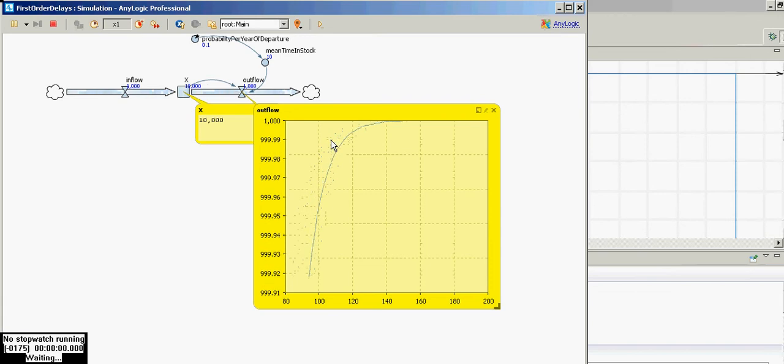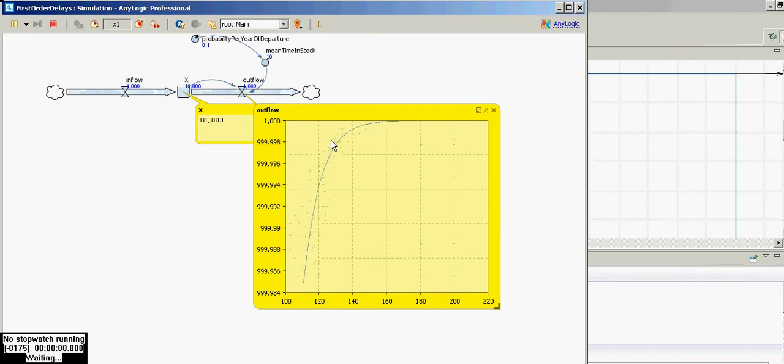Yes, question. Sure. You mean, in other words, the formulas used for them? The formula that I used for the parameter was just, I gave it a default value of 0.1.